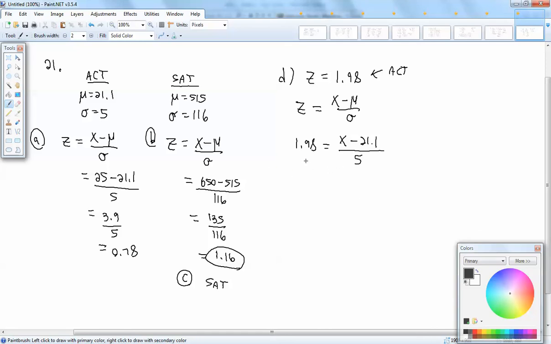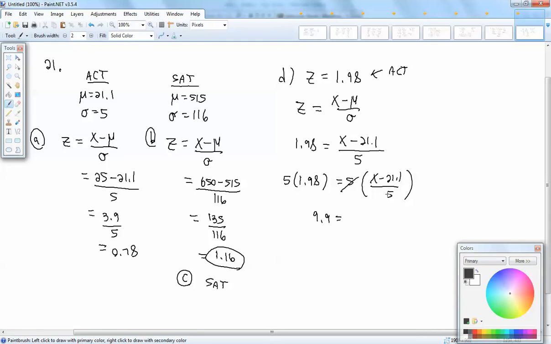First step is get rid of parentheses, don't have any. Second step is get rid of fractions. Multiply everything by the LCM of all your denominators. We only have one denominator, so our LCM is 5. So we'll take 5 times 1.98, and we'll take 5 times this fraction here. 1.98 times 5 is 9.9.